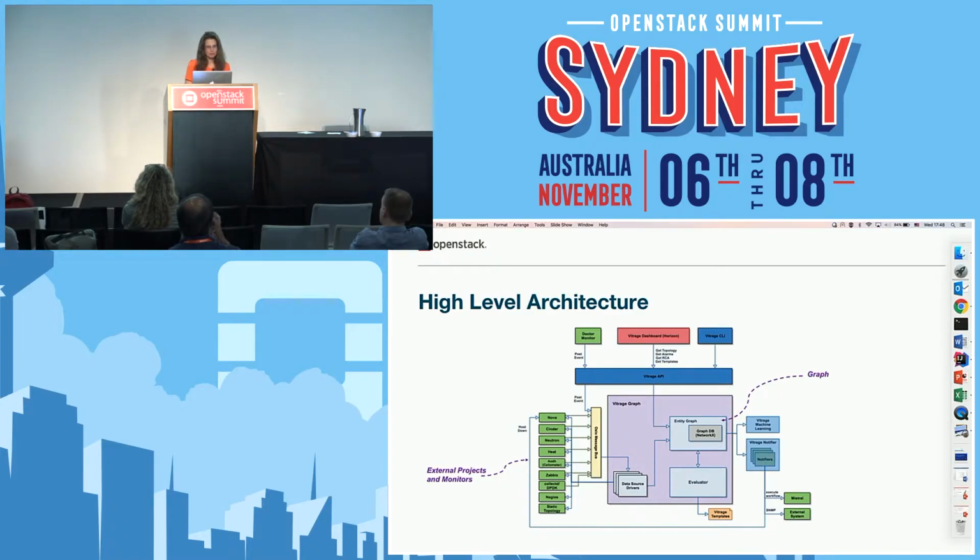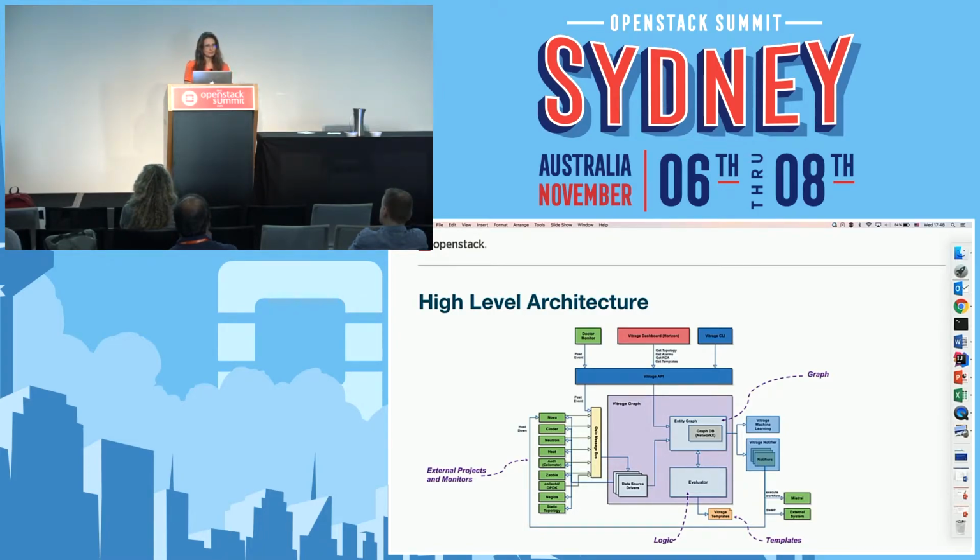Whenever the graph is modified, Vitrage evaluator takes action, and the evaluator is responsible for the business logic. The evaluator loads the Vitrage templates, which are YAML files, human-readable files that are very easy to understand and to edit. And the information in the templates consists of conditions and actions.